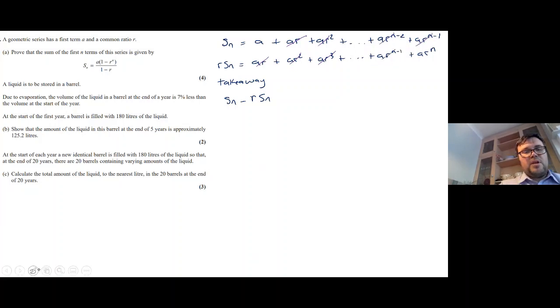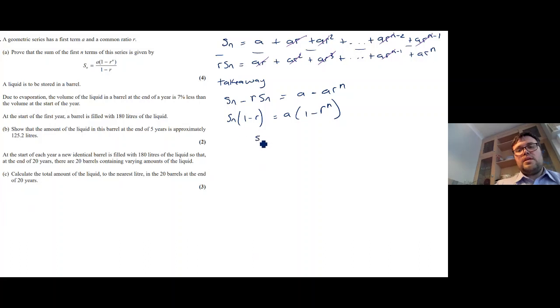So what you have left is on this side, you have A minus AR to the n. Sorry, when you're subtracting, you take away. If you then factorize, you have Sn times 1 minus R, equals A times 1 minus R to the n. So then Sn equals A, 1 minus R to the n, over 1 minus R.